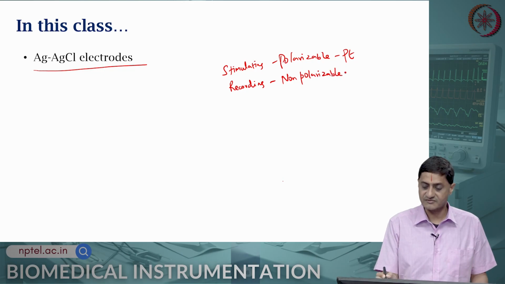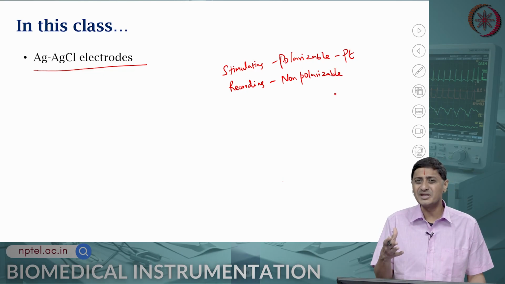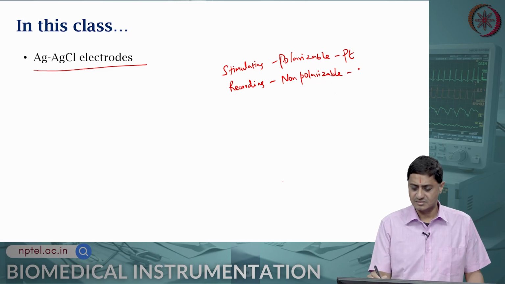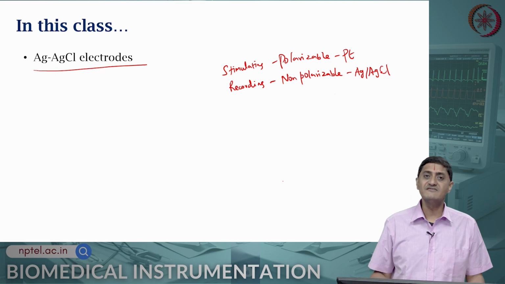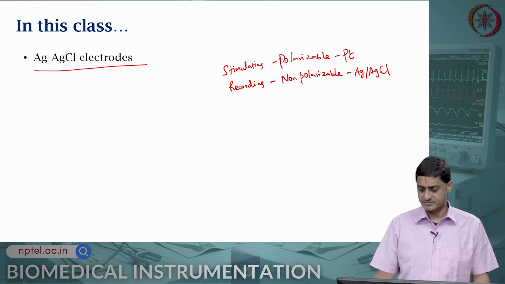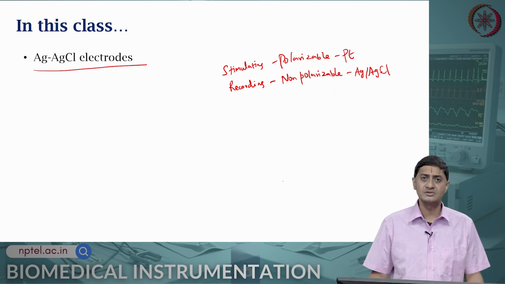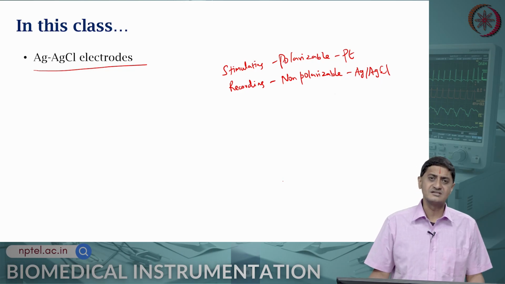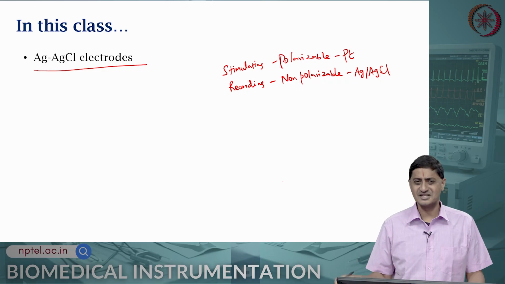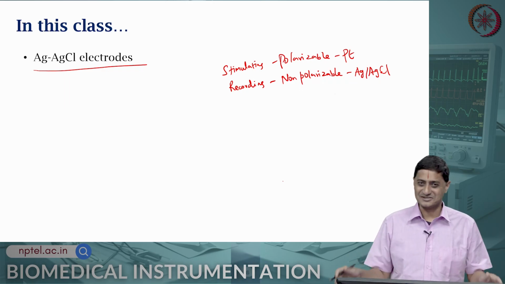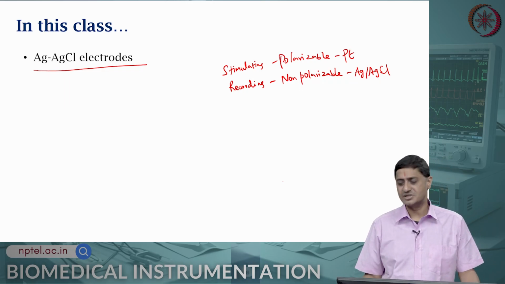So, it is a function of the application. The most practical and successful electrode is the silver chloride electrode. It turns out to be the gold standard for recording, or rather in this case the silver standard for biopotential recording.